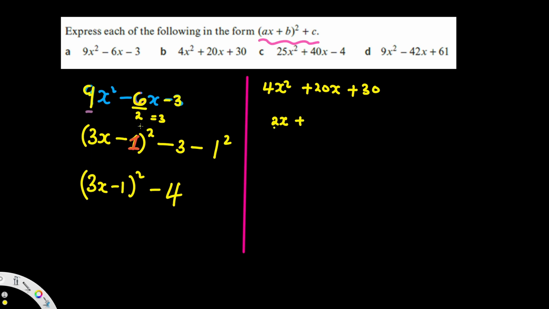Remember in this question we said half of 6 is 3. Then that 3 that we got divided by 3. So this is going to be half of 20 is going to be 10, and then 10 divided by these 2 that we have here, we are going to get 5.